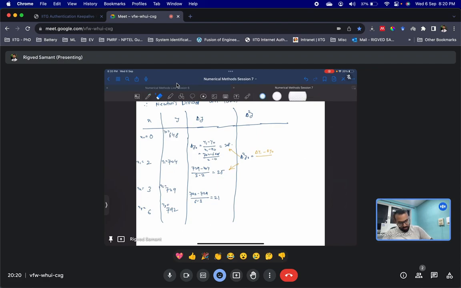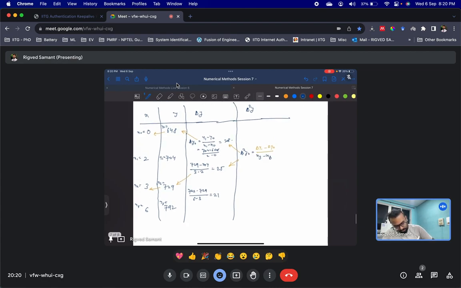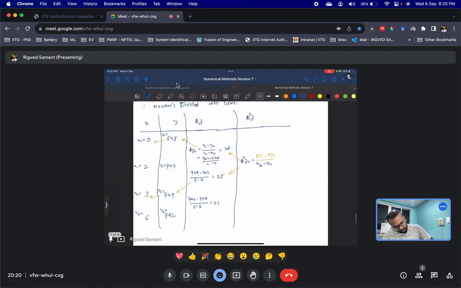So if you see, it has gone here, so again you will backtrack it and this will go here. So here it would be x2 minus x0. Similarly, here you will have delta square of y1.